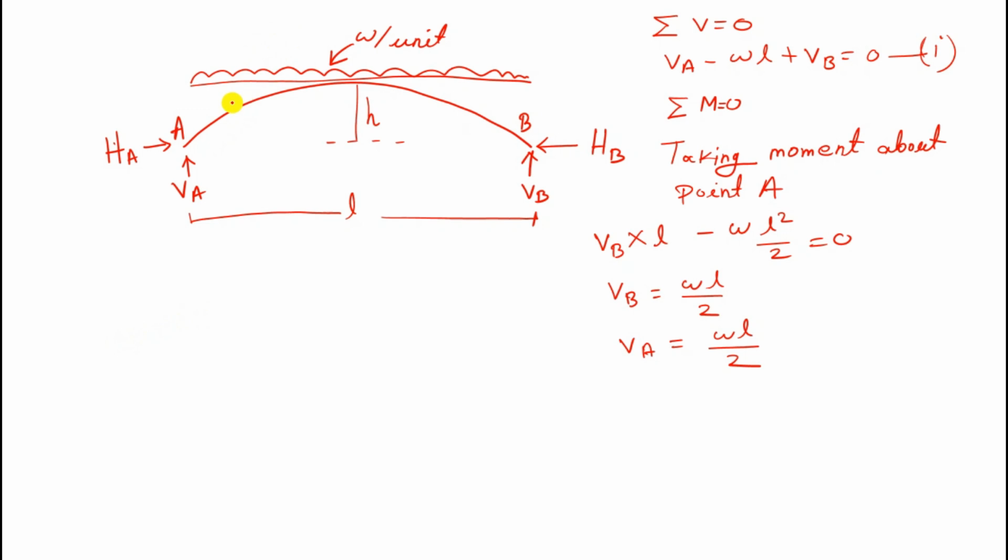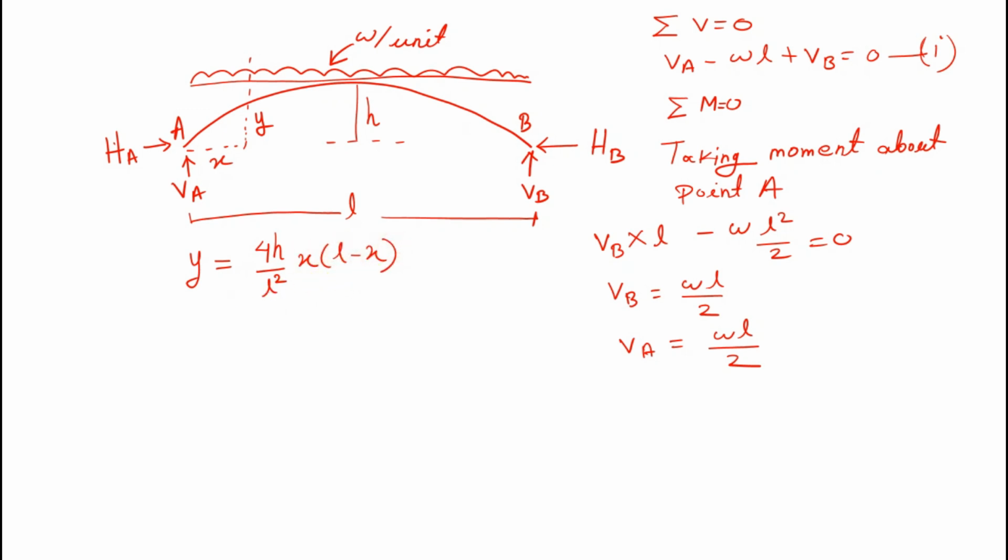Now we are considering a particular section from point A at x distance, x horizontal distance and y vertical distance. The relation between x and y is, for the parabolic arch, y equals 4h by L square into x into L minus x.